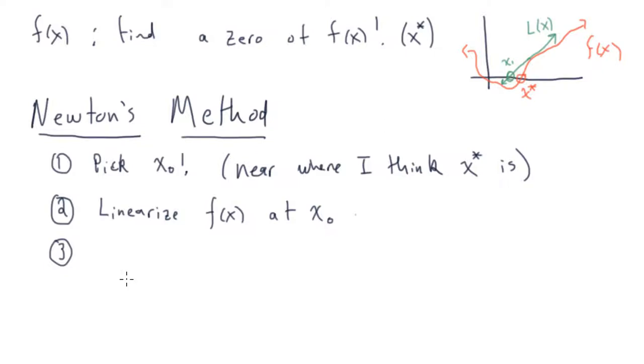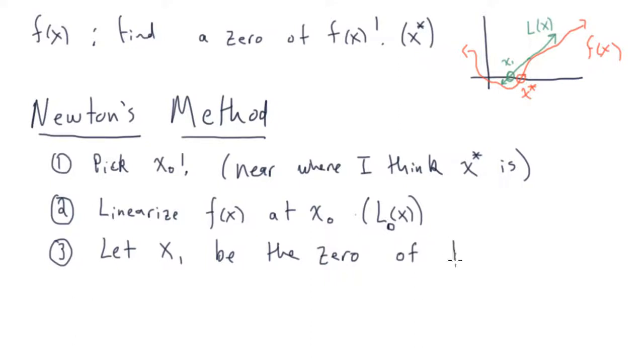Okay, and then I'm going to let, so let's say the linearization is L, let's say L0 of x, and we'll let x1 be the 0 of L0 of x.